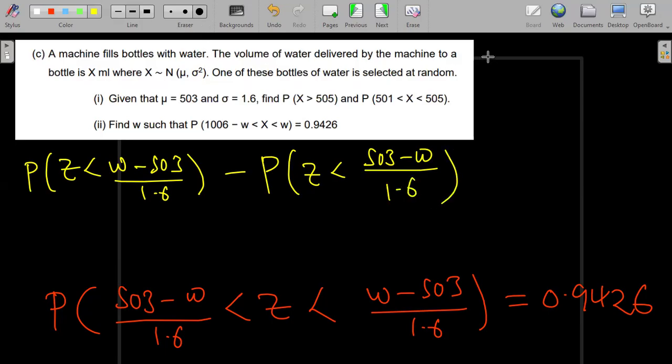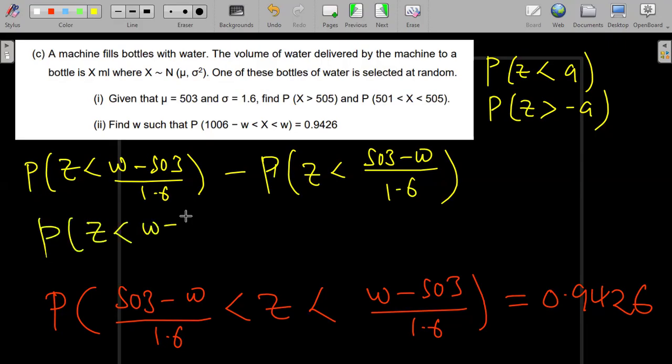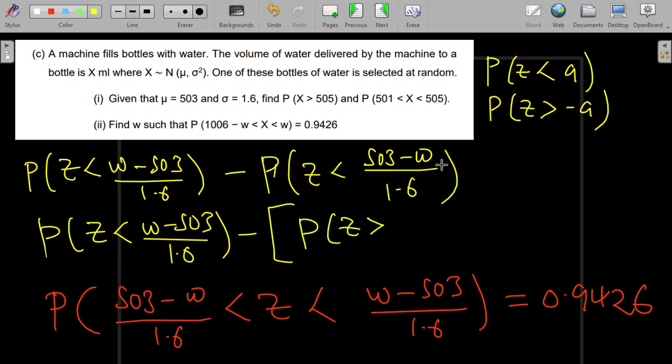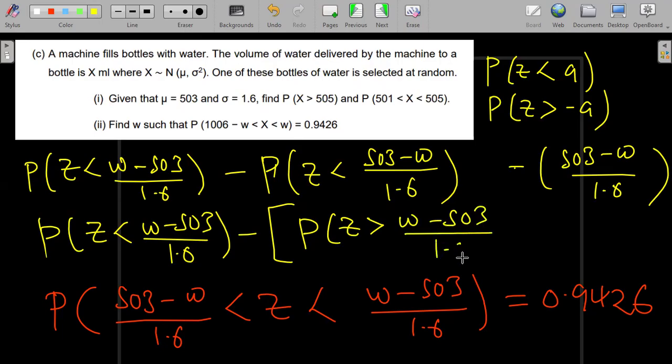Now by symmetry, if I have the probability that Z is less than a certain number, let's say A, this is the same as the probability that Z is greater than the negative of this number, which is minus A. So I'm going to write the probability of Z less than W minus 503 over 1.6, minus the probability Z is greater than, and I introduce a negative here, which multiplies what is above, so it will be W minus 503 divided by 1.6.